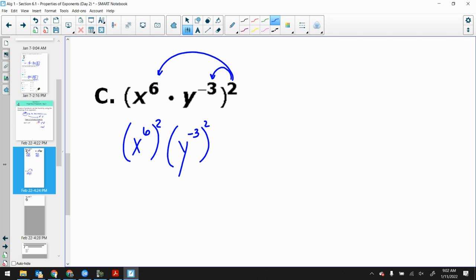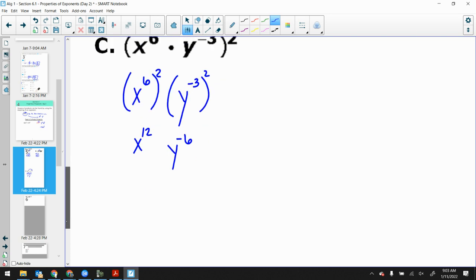So you're going to see several properties within a single problem. What's the power on y? -6, because I have to multiply. Power to a power means I multiply. See, and again, can I leave that as my answer? No, I've got to do this negative exponent property where I have to shift the y value down to the bottom.